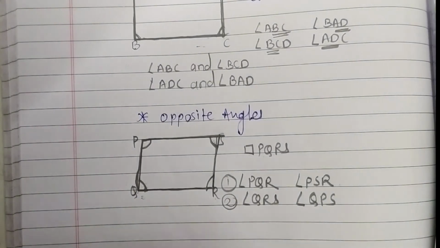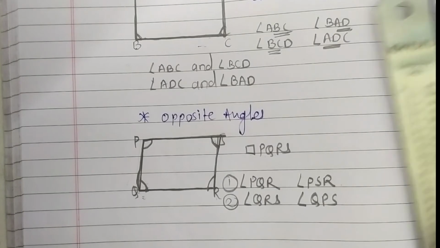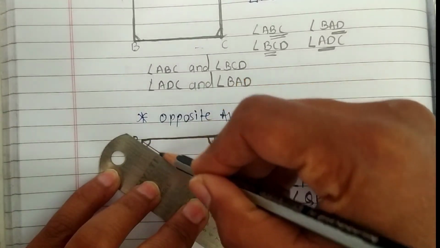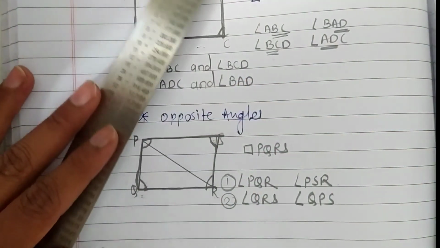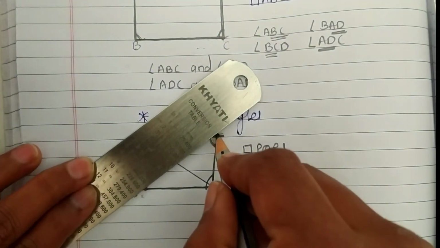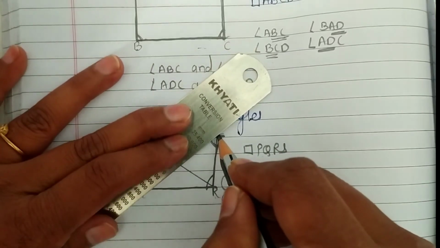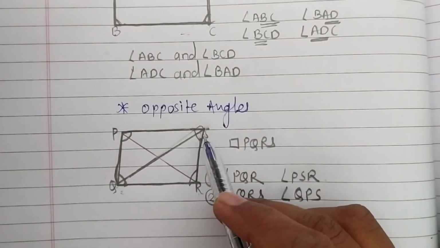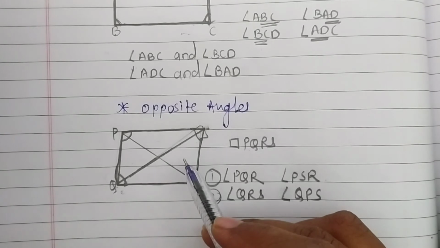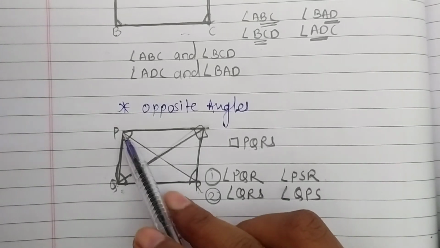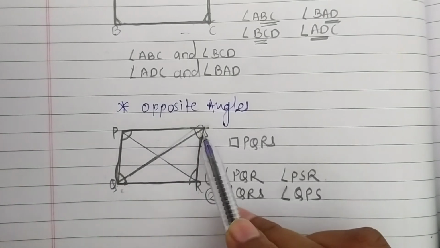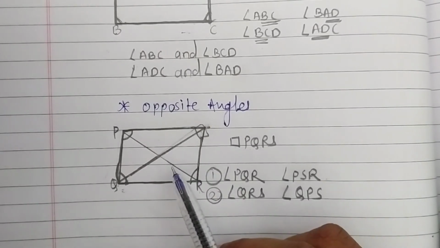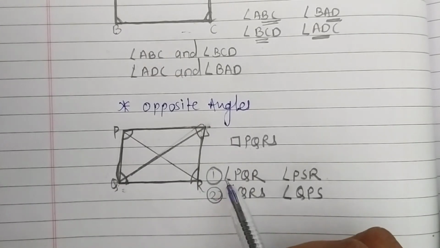Now let's learn about diagonals of a quadrilateral. In this figure, when I draw two line segments like this one and this one, these line segments join the vertices of the opposite angles, that is P and R, Q and S. So these line segments are known as diagonals of the quadrilateral.